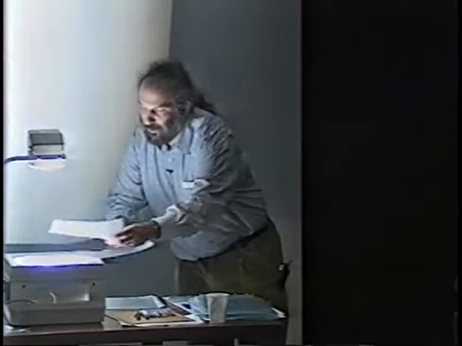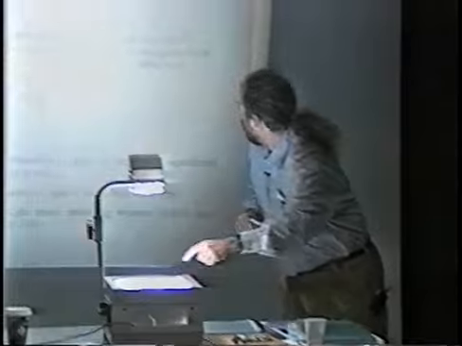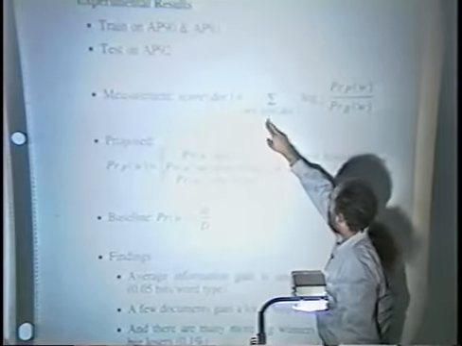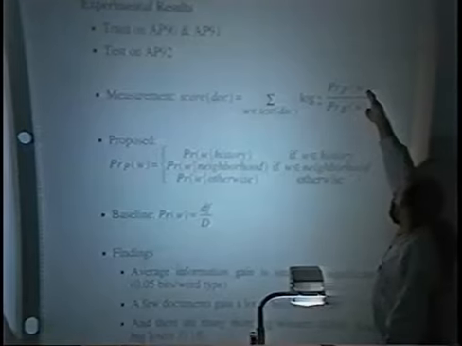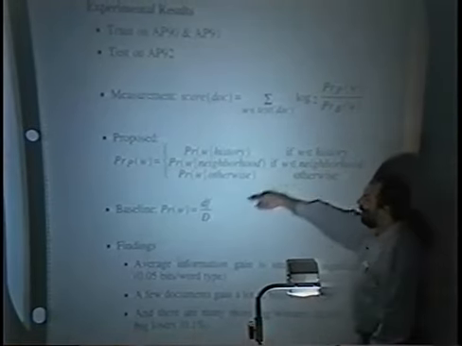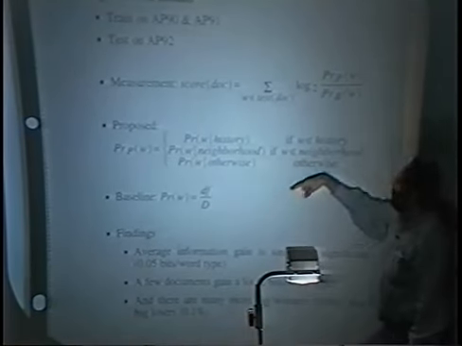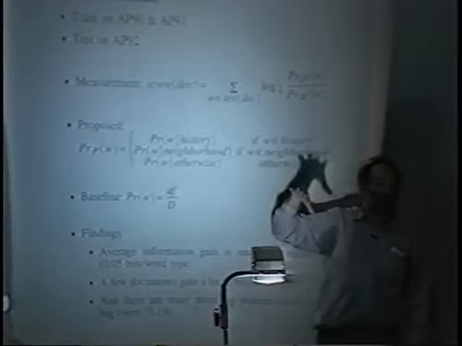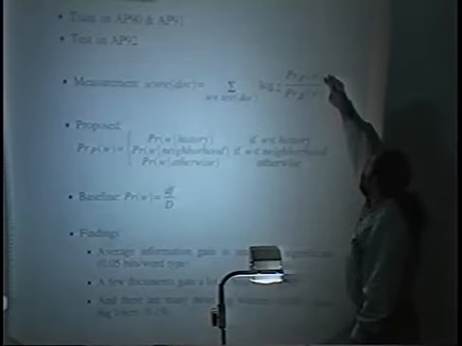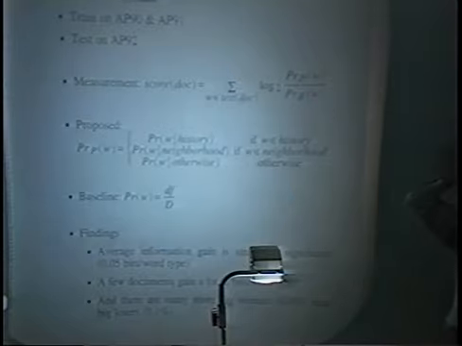Here. So the score here is the sum over the word types in the document of what probability I would assign to them versus what probability you would get from this. And in this, what generally happens is if the history is misleading, then this does worse than this for the scores.